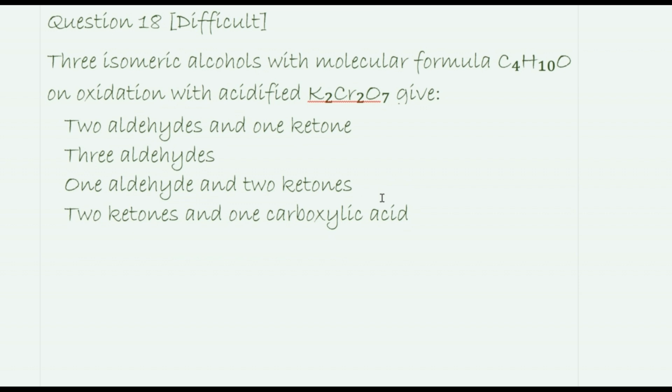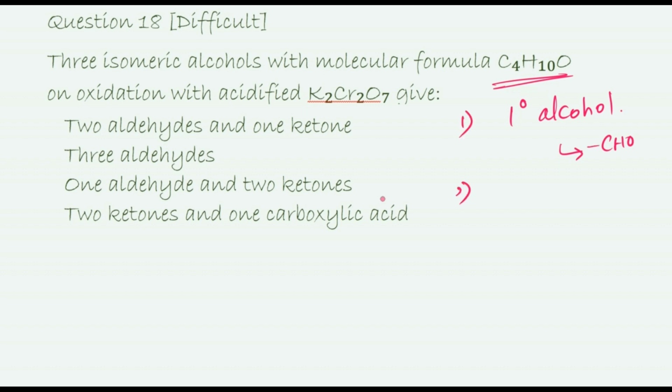Three isomeric alcohols with the molecular formula C4H10O on oxidation with acidified K2Cr2O7 give. So C4H10O, what isomers can it exhibit? Either I can write it as a primary alcohol with a straight chain, that will give you an aldehyde, right? That is one way.